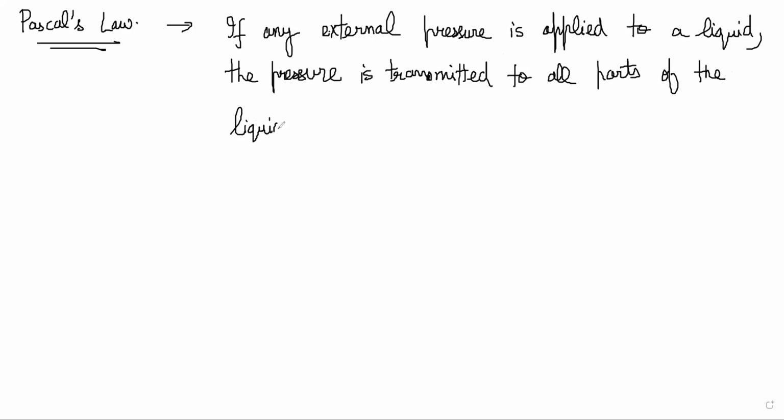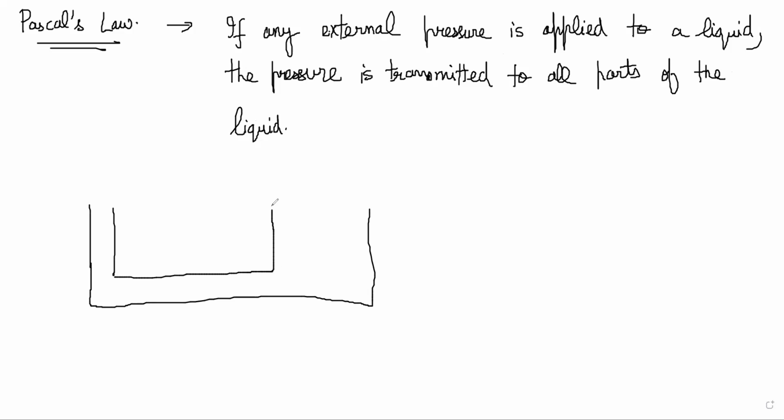So this is the principle by which you have hydraulic lifts and all. You take a narrow column here and a wide column here, and let's say we fill it up with fluid. Now there is a piston here that can be pushed by some pressure P. By Pascal's law, that pressure P is transmitted here also, and here also there is a piston.